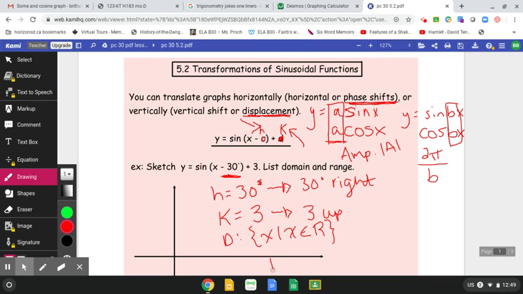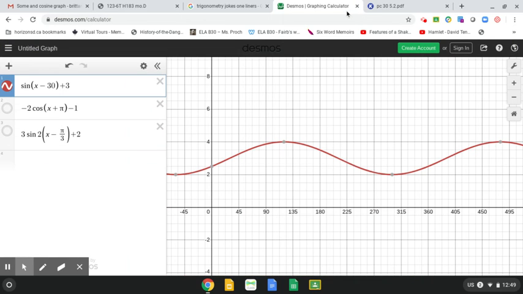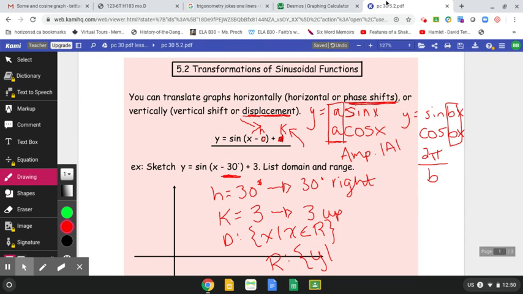For range, y such that, now you have to look at what y is between. The highest value here is 4, the lowest value is 2. So you have a graph between 2 and 4, so 2 less than or equal to y, less than or equal to 4, y an element of the real numbers. That is honestly all you have to do.